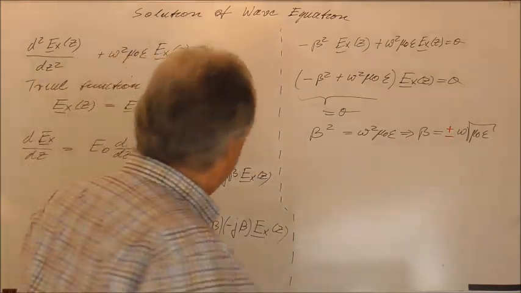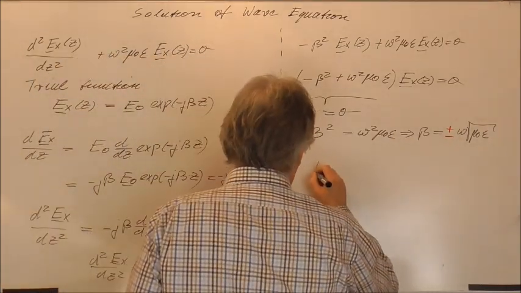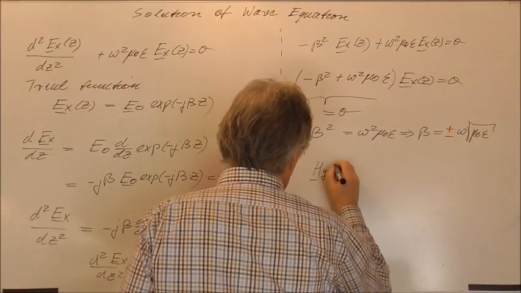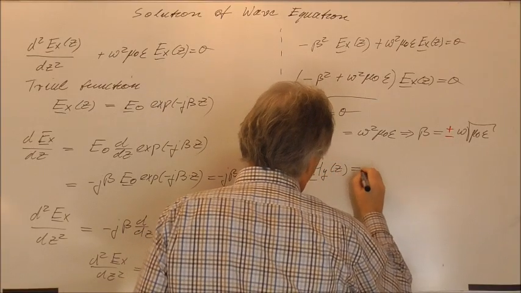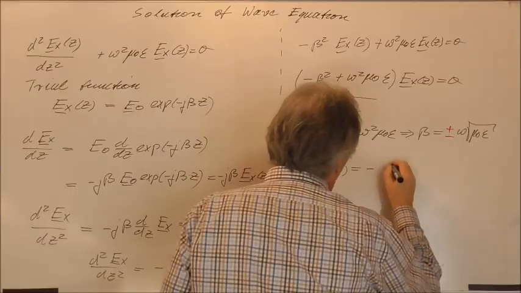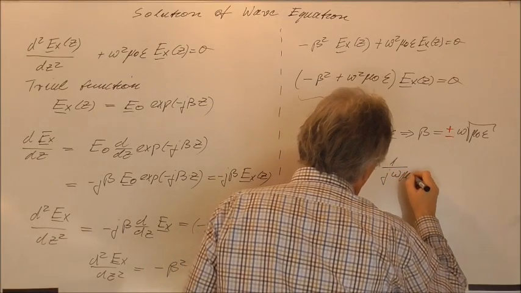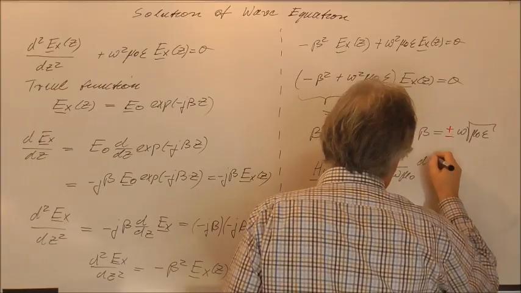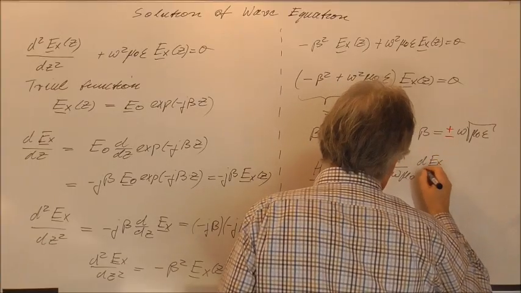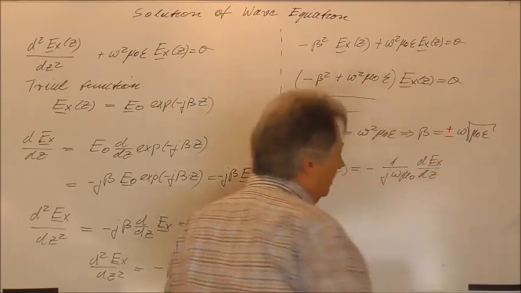And we know, for example, that the function H of z is given by minus 1 over j omega mu naught, derivation of the Ex of z with respect to z.